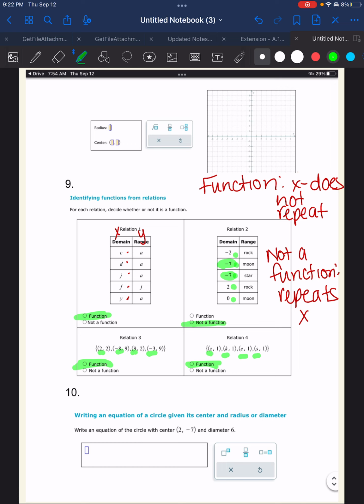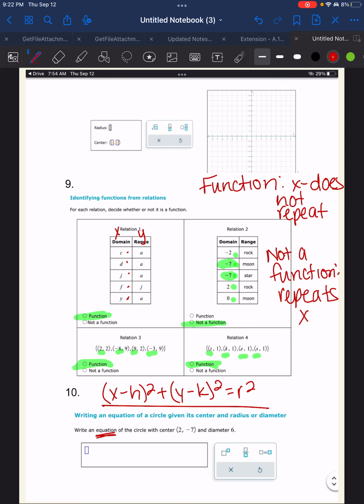Number 10. We're back on our circle business. X minus h squared plus y minus k squared equals r squared. It says write an equation of the circle with a center of h and k and a diameter of 6. All right, we can do that.